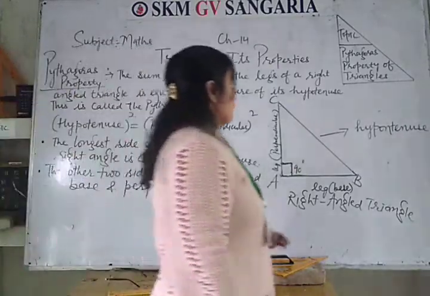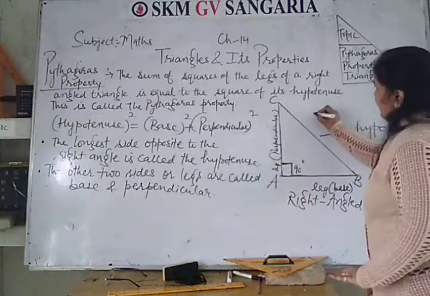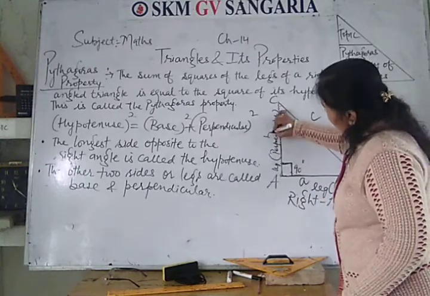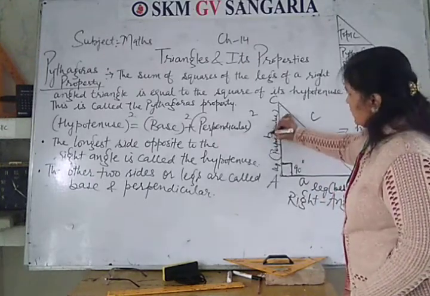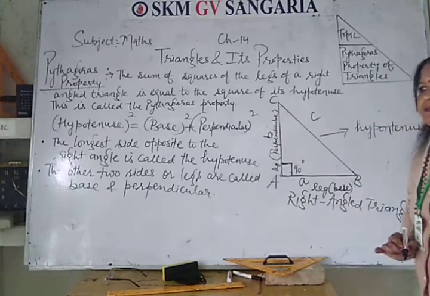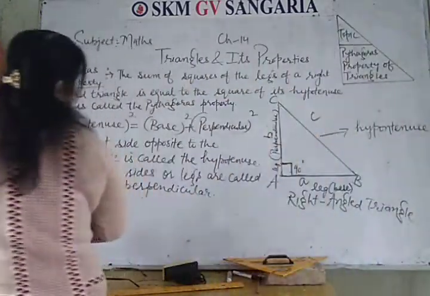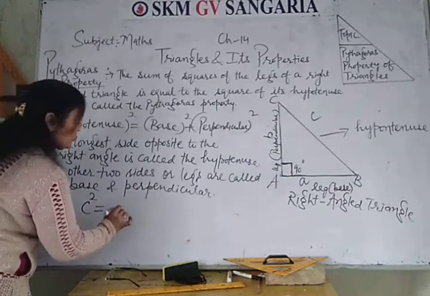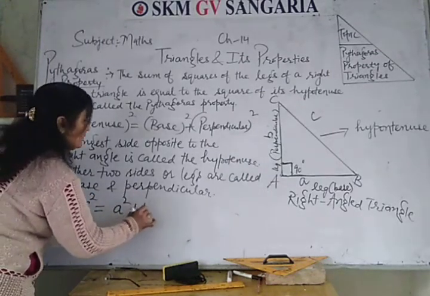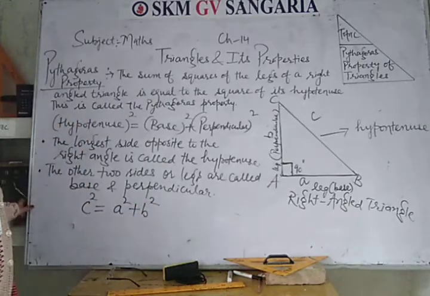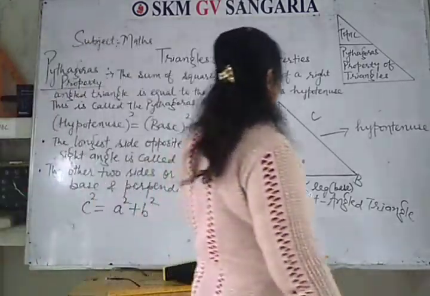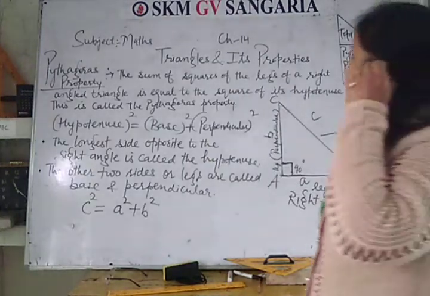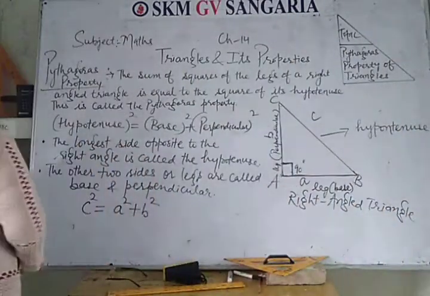Suppose hypotenuse is C, base is A and perpendicular is B. So by Pythagoras property, how can we write it? C square is equal to A square plus B square. This Pythagoras property is very useful in mathematics and also in practical life.